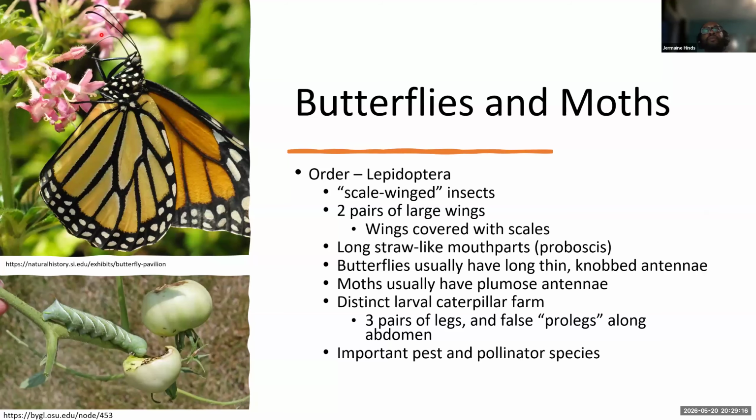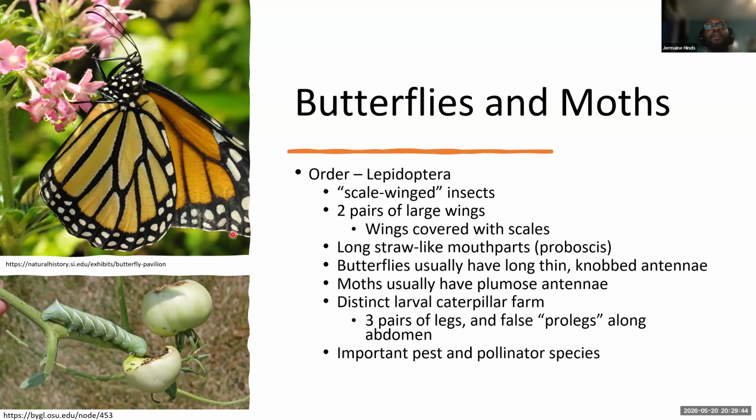Your butterflies and your moths, those are your Lepidoptera. So lepid means scale, ptera means wings, so scale wings. And so you've heard, don't touch a butterfly because the scales will fall off. Those are the scales we're talking about. The powdery-like scales that they have on their wings. So they have two pairs of large, showy wings. They have these long, straw-like mouth parts that they use to get a nectar drink from flowers.